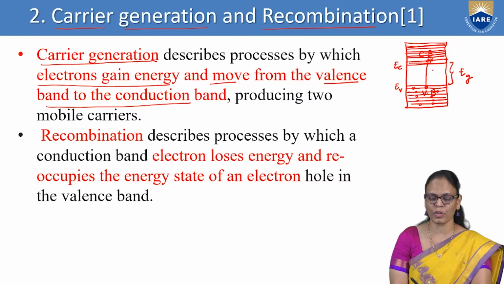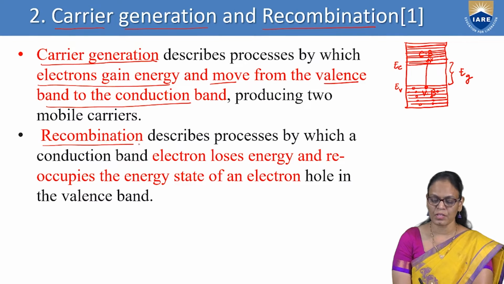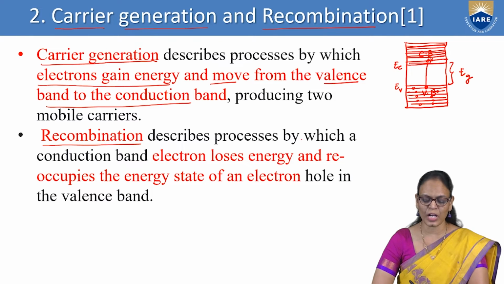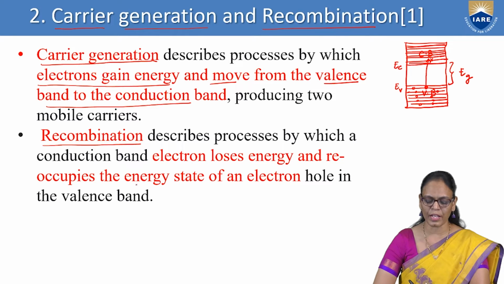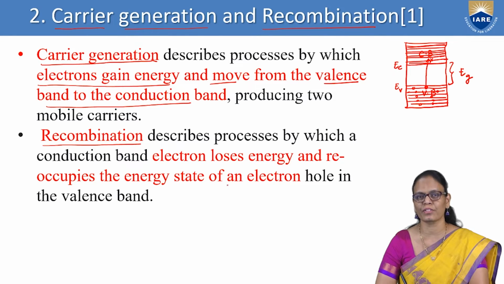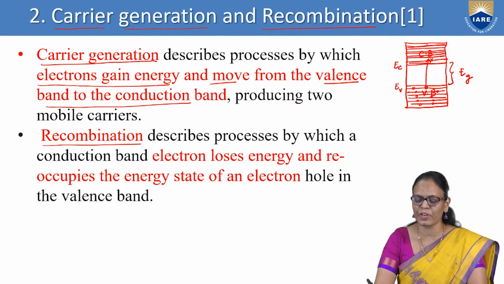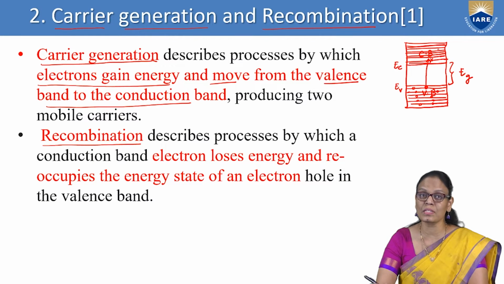Now coming to recombination. What is recombination? It describes the process by which a conduction band electron loses energy and reoccupies the energy state of an electron, that is the hole in the valence band. Now if you see the other way, suppose there are some free electrons in the conduction band, and when these electrons lose energy, they come from the higher level to the lower level, that is from the conduction band to the valence band.